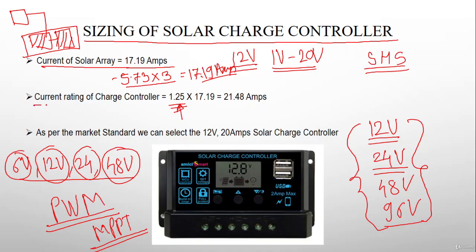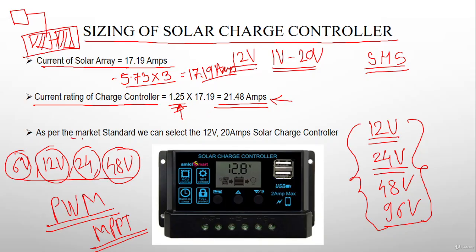So we can say the current rating of the charge controller is 1.25 into 17.19, which gives 21.48 amps. Whenever we select the solar charge controller from the market, we select one that can handle the current near what we have calculated by multiplying the design margin.